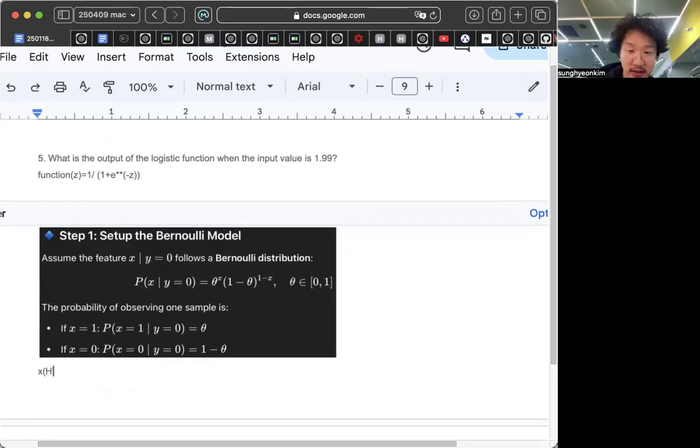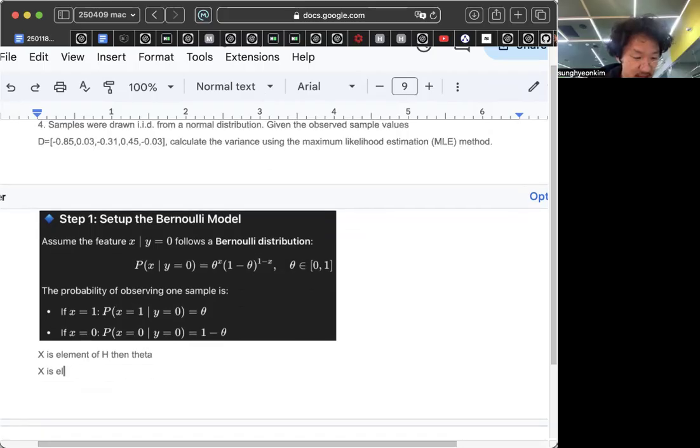Let's say x follows a coin, so x is an element of {H, T}. When x is H, it is theta, and when x is T, it is 1 minus theta. So p_theta(H) equals theta, and p_theta(T) equals 1 minus theta.